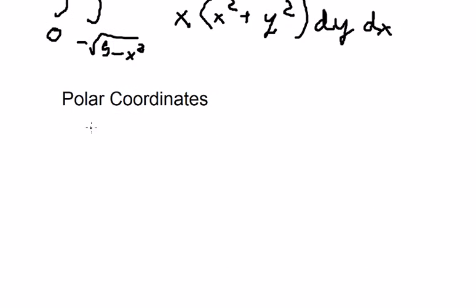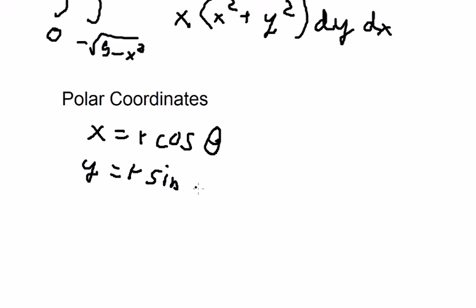We can put x equals r cosine theta, y equals r sine theta. We got dy dx, and we change it for r dr d theta.